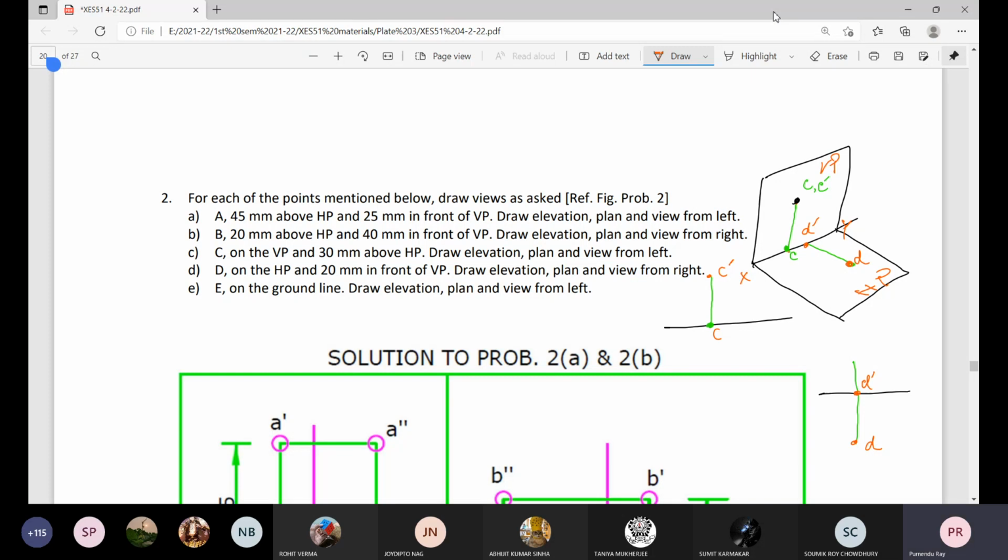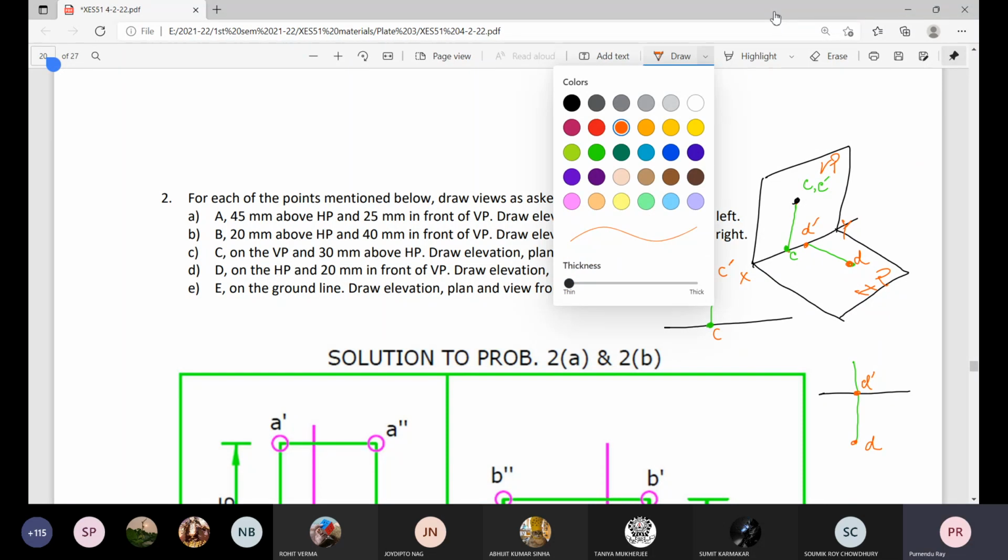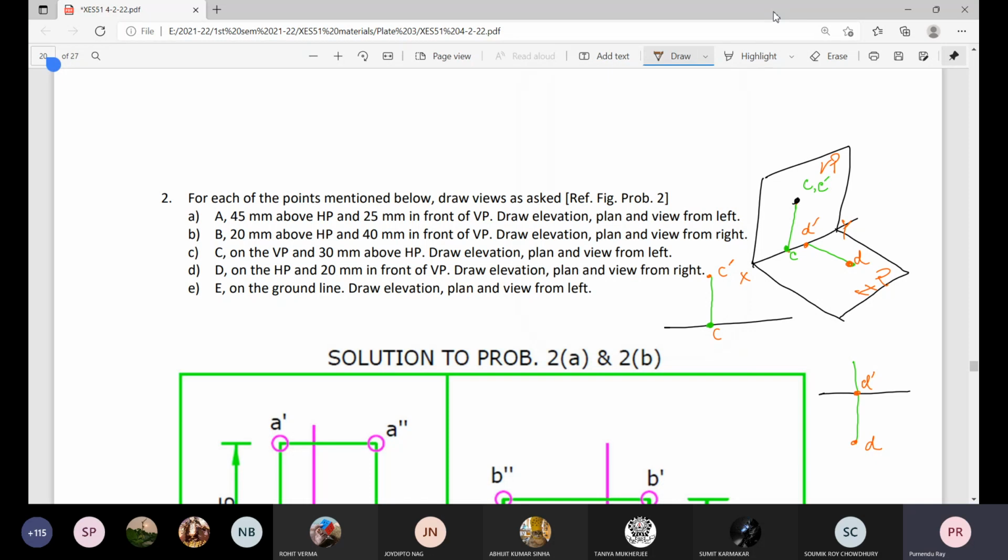And if there is a point E on the ground line, then this is something like a special location. So here is a point E. So naturally the same point when you see from top, the same point is coming as the view from top.